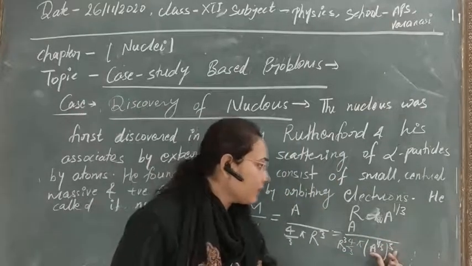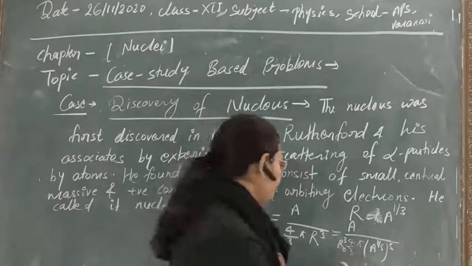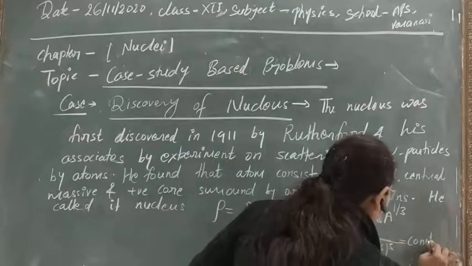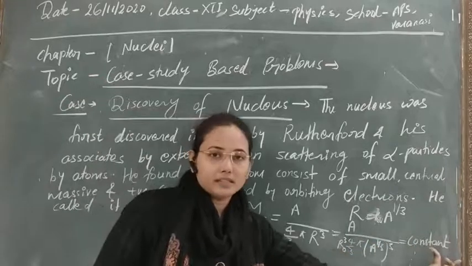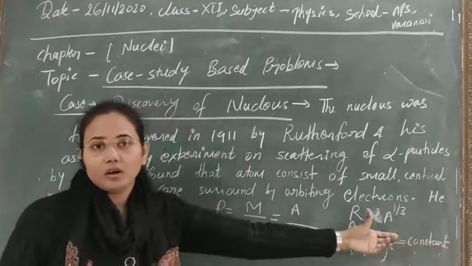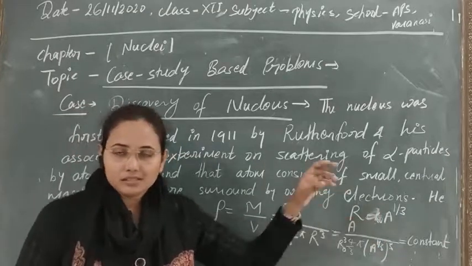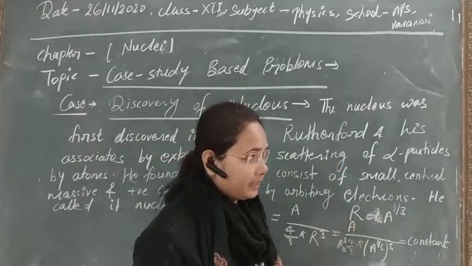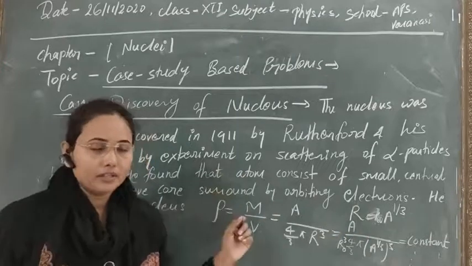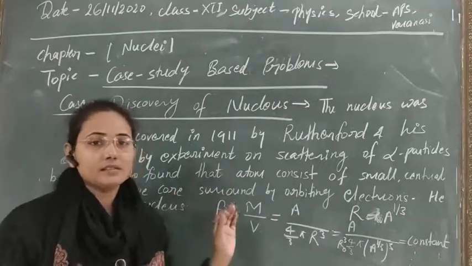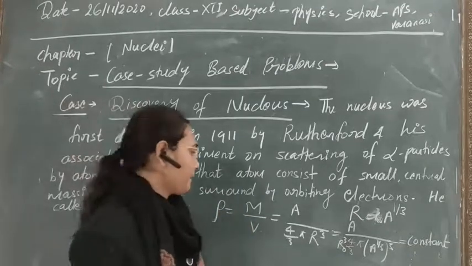After solving, A cancels out, and finally you see that the whole value is constant. So the density of the nucleus is constant. It is not dependent on the mass number, as the mass number is out of the expression. It is neither directly nor inversely proportional to mass number. It is constant for all nuclei, either lighter or heavier.